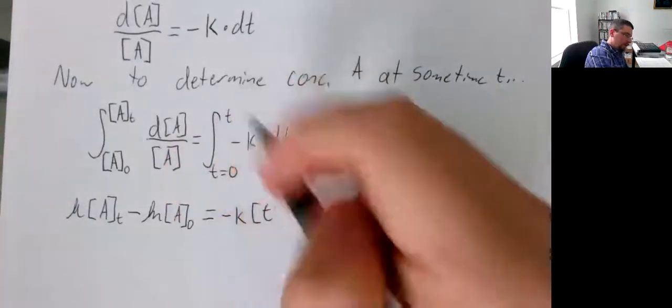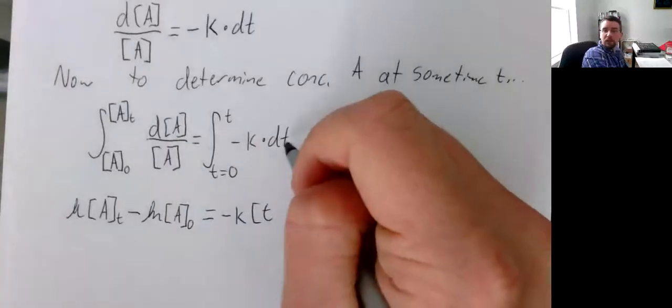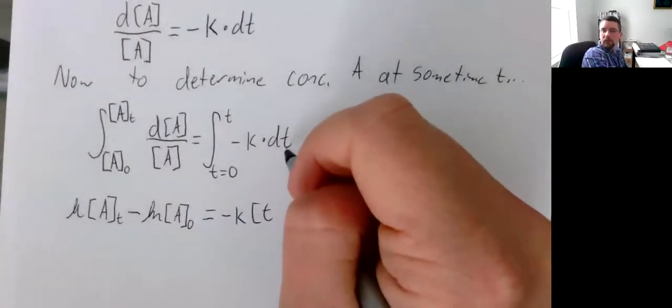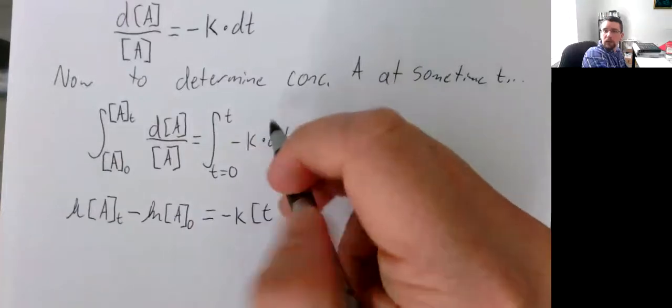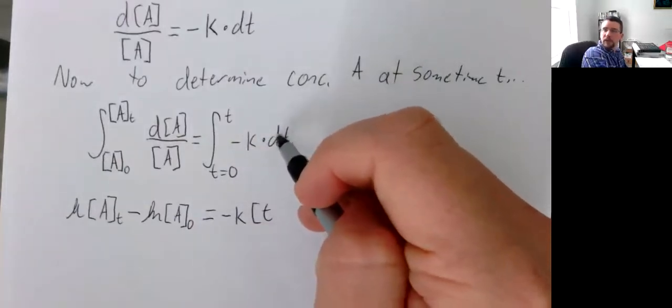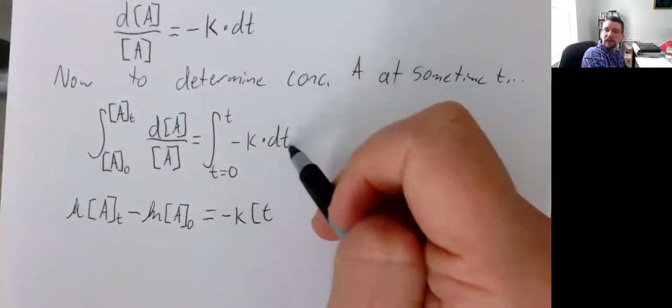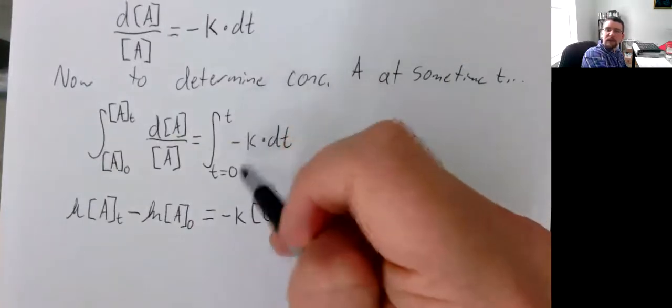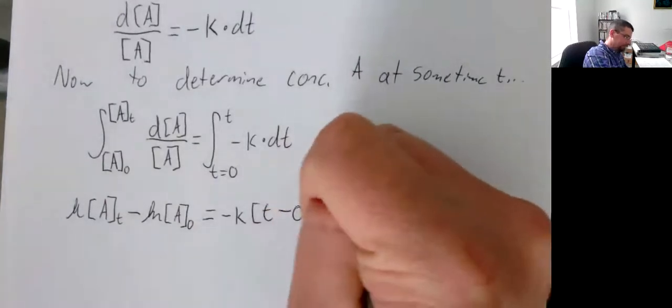We get to our upper limit t, so the integral of 1 with respect to whatever variable we're looking at should just be that variable. So in this case, we have dt. So if we integrate, we get t minus 0.